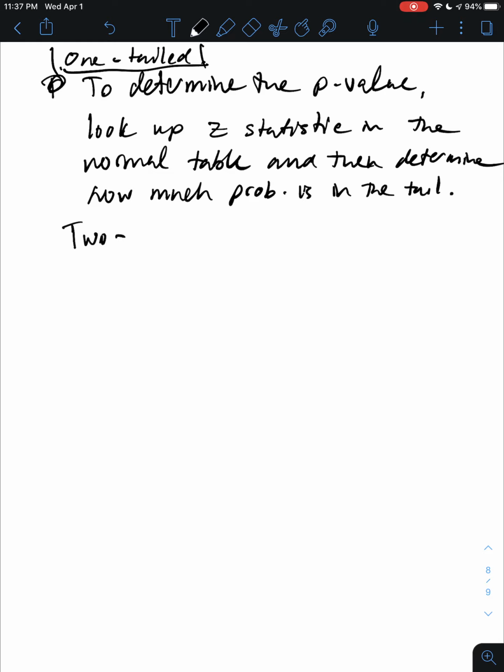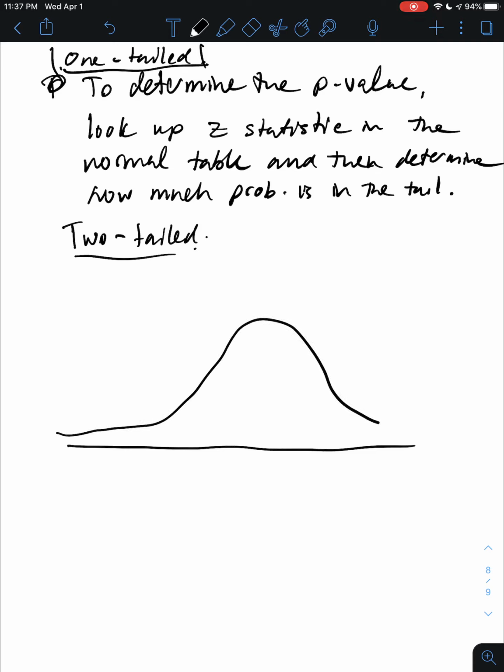For two-tailed tests, it is actually, unfortunately, slightly more complicated. So let's do the p-value for the corresponding two-tailed test. So remember we had negative 2.58, 2.58.